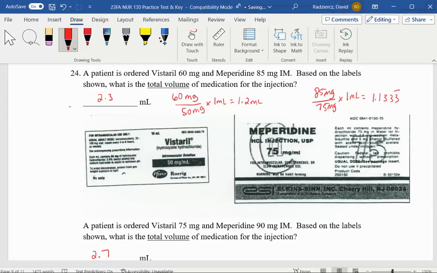Then we just add 1.2 to 1.13, and we get 2.3. And it's the same thing we did in the second example, just that you didn't have to worry about rounding.